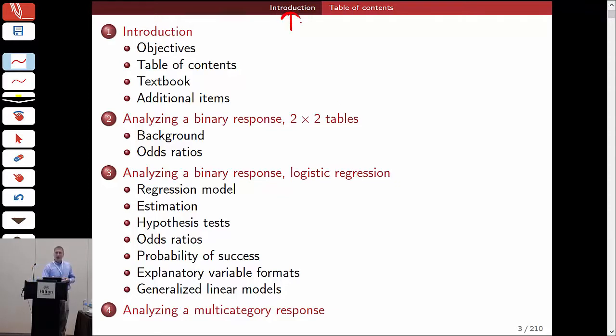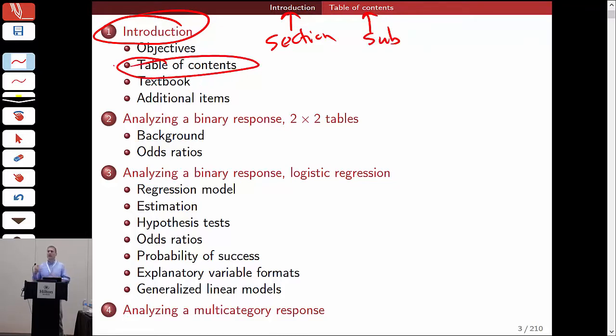At the very top of our handouts, you're always going to see the section that we're in. So right now we're in the introduction. And also you're going to see the subsection that we're in. So right now we're in the table of contents. So I think this is a handy tool when you have 210 slides to try to figure out where you're at.